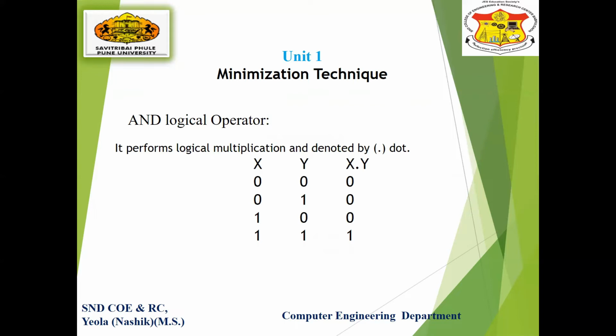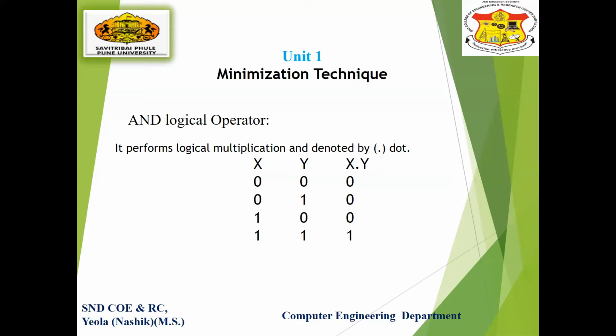These possibilities are the combination of 0 0, the combination of 0 1, the combination of 1 0, or 1 1. But what output do we consider when we go for the AND logic operator, and by which sign is it denoted? It is denoted by the dot sign.